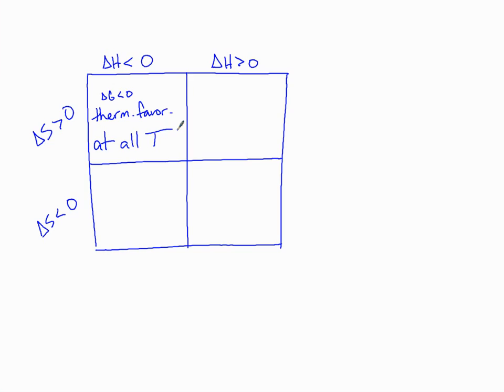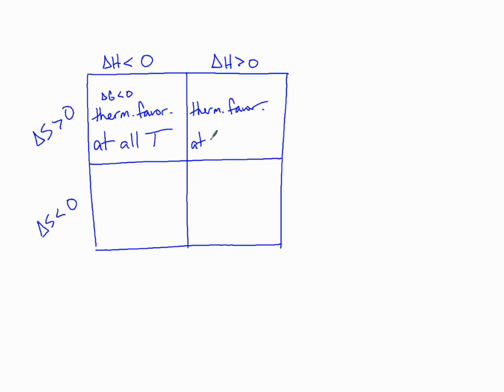How about this box right here where the delta H is positive and the delta S is positive? It works sometimes, right? This one right here, top right box. Positive delta H, positive delta S. This one's pretty specific.